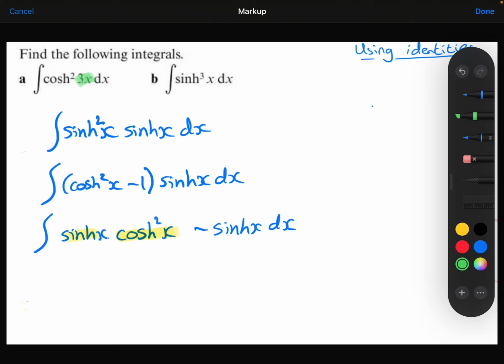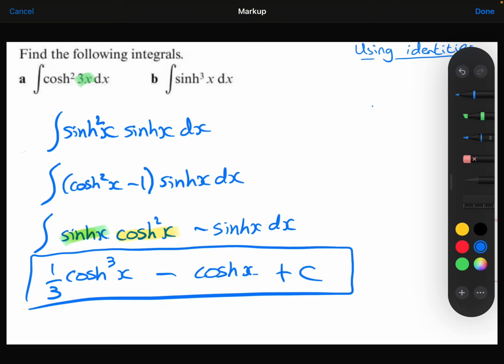So that allows me to ignore the outside completely, raise the power, so I'll get cosh cubed, divide by the new power, 1/3. Integrate sinh and I get cosh. Don't forget your plus c. And we're done. That is the integral of sinh cubed.